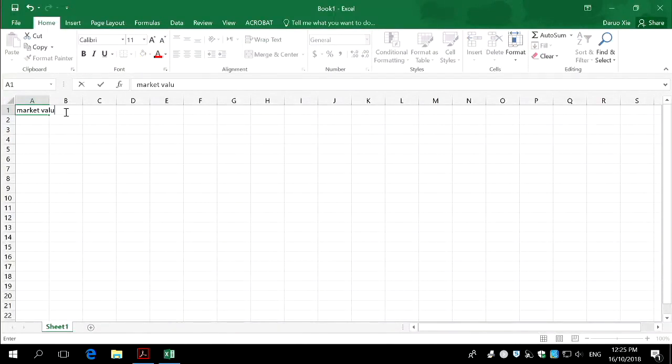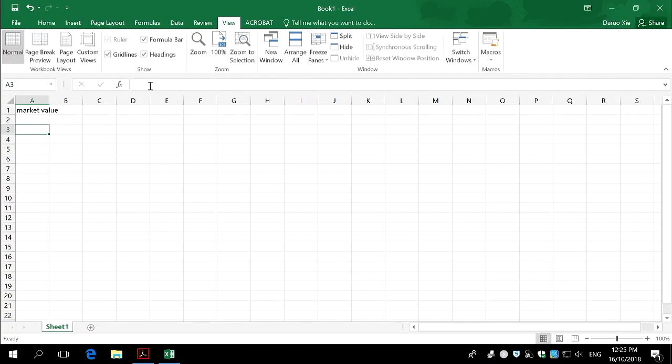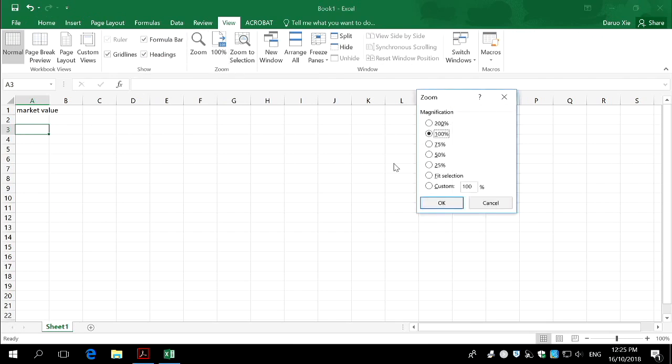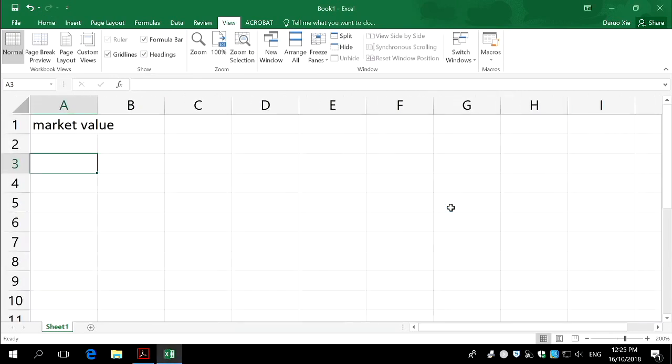Market value in the US, let me make it a little bigger. Is that better? Okay, market value is, say, $25 trillion. Let's use T. A trillion is how many billion? This is billion, right?